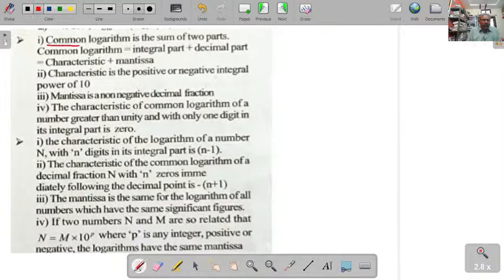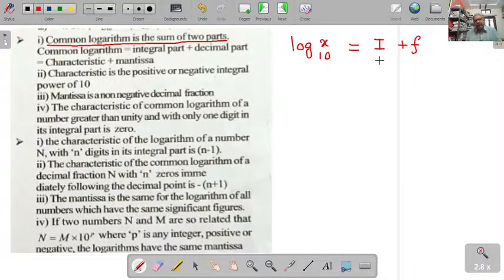Common logarithm is a sum of two parts. Common logarithm means base 10. For example, consider log x to the base 10. It consists of the sum of two terms, an integer part plus a fractional part.